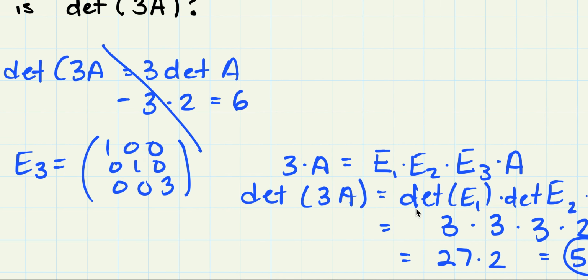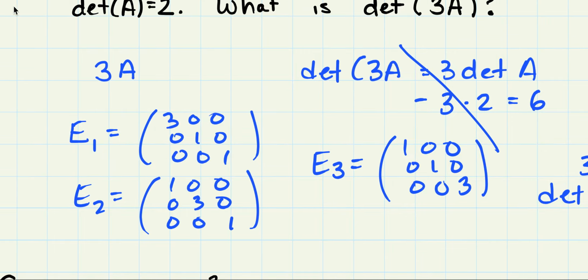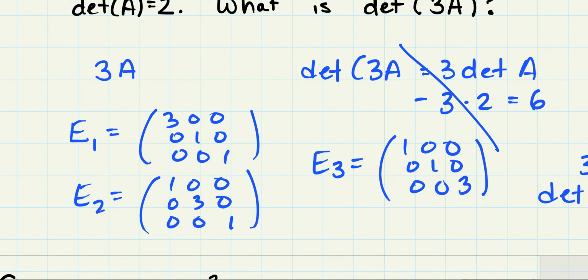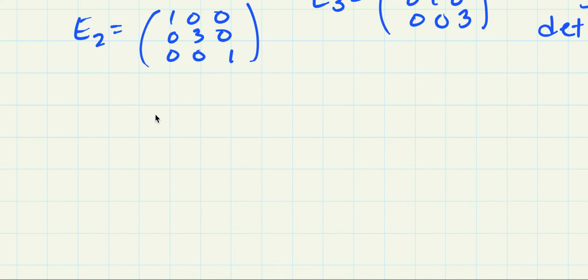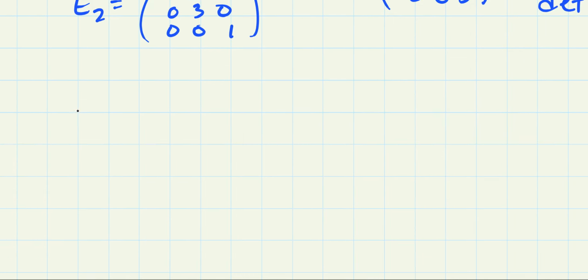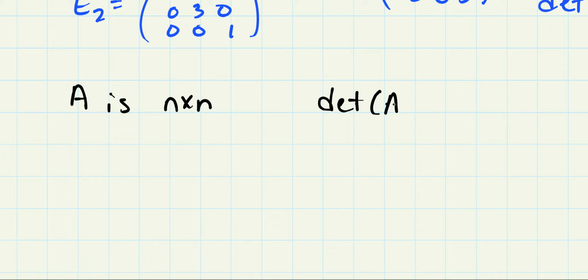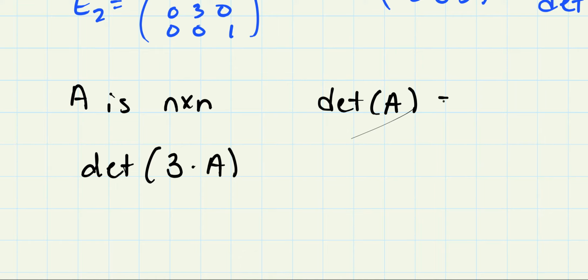Can we generalize this? Yes. So what if we had a matrix A that's n by n, and we know the determinant of A is equal to 2. What is the determinant of 3 times A?